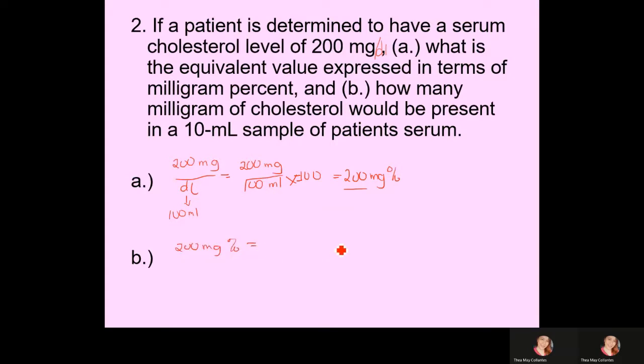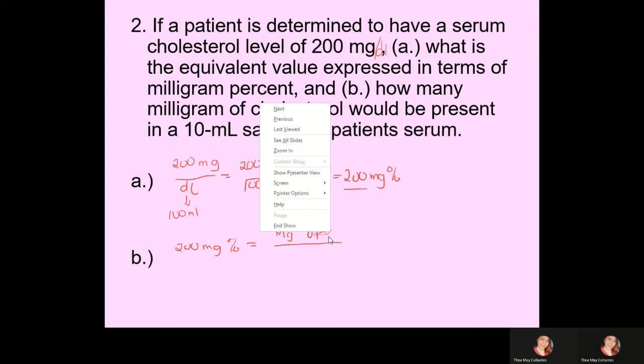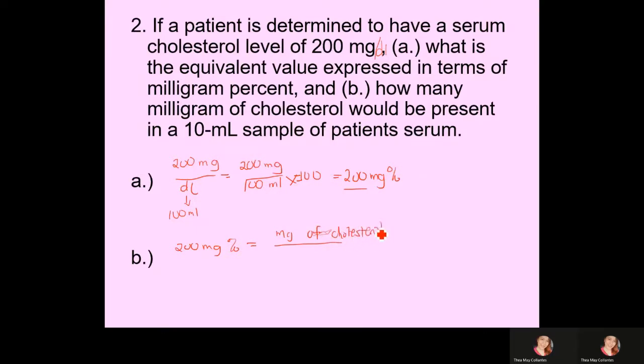And what is being asked in the problem is the milligram of cholesterol if we have the 10 ml sample. So times 100, that would be about 200 milligram times 10 ml. We are now transposing the formula, divided by 100. That would be equal to the milligram of cholesterol in 10 ml sample.